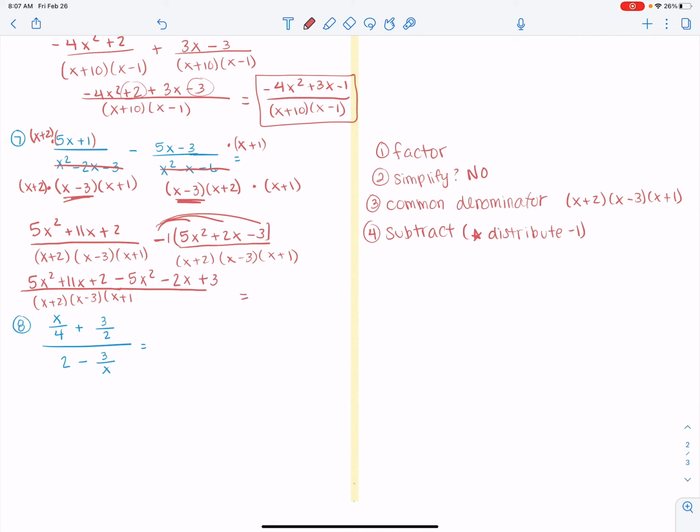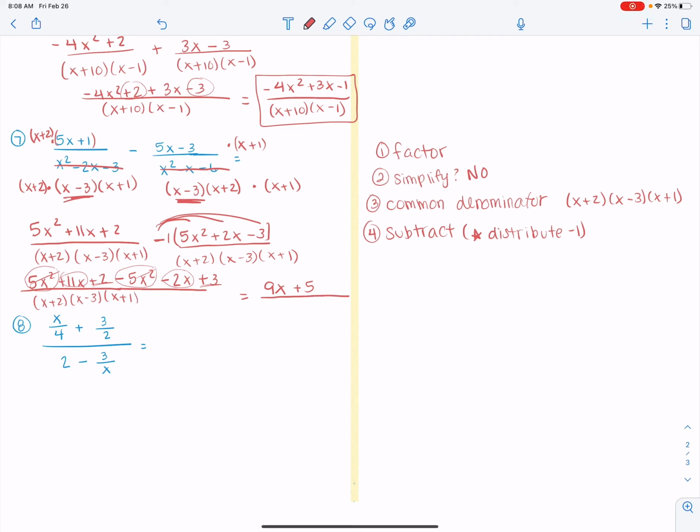Now combine like terms. So I have a 5x squared minus a 5x squared. So those cancel. 11x minus 2x is 9x. And plus 2 plus 3 is plus 5.